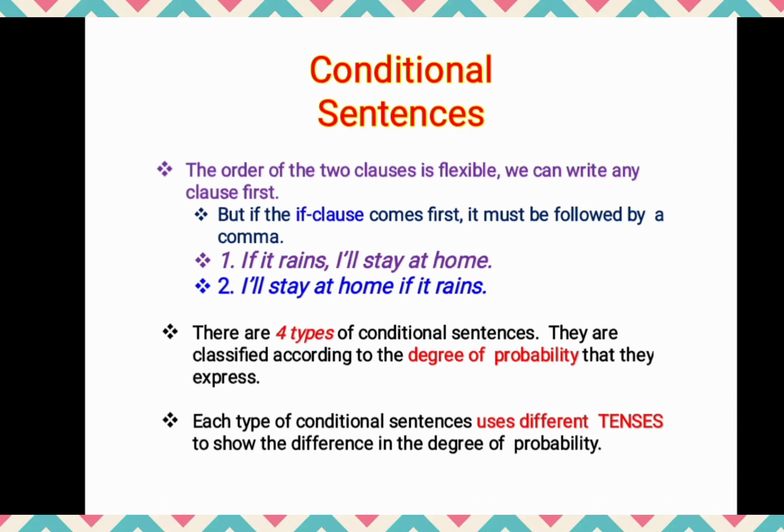Each type of conditional sentence uses different tenses to show the difference in the degree of probability. That is a very important line. The words different tenses are mandatory to show the difference in the degree of probability.